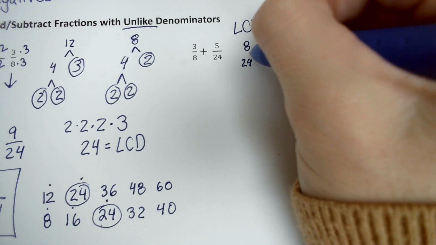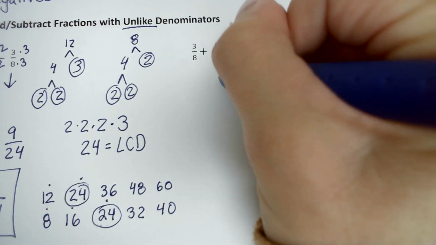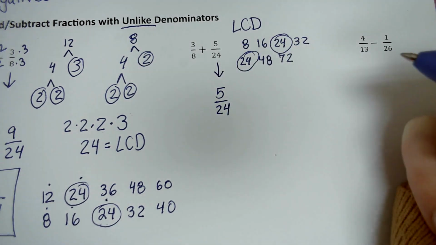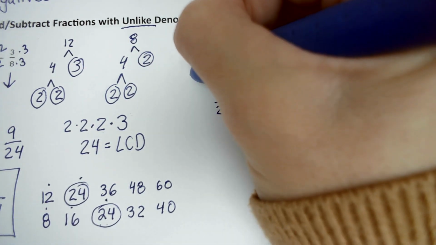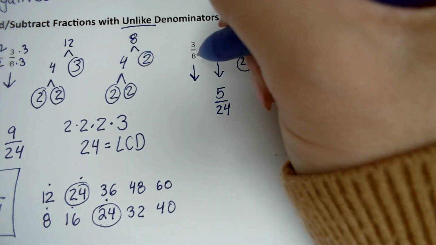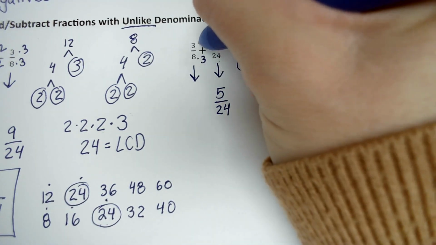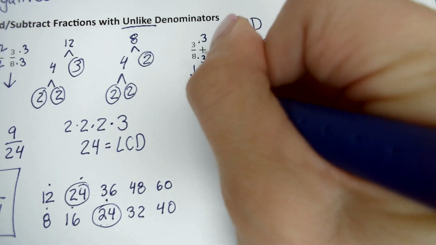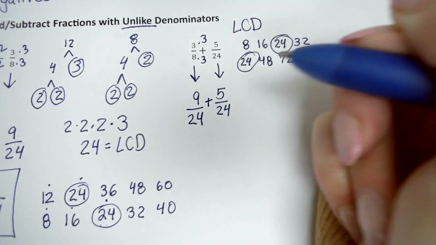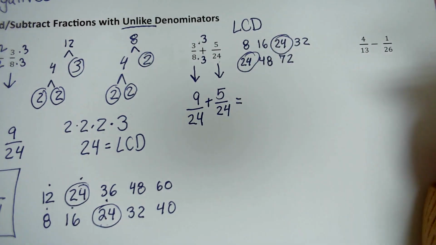Now 24 is on both lists. That means this fraction can stay the same. It already has a denominator of 24. This fraction, we need to make it have a denominator of 24. So we'll multiply by 3, and we get 9 over 24 plus 5 over 24.